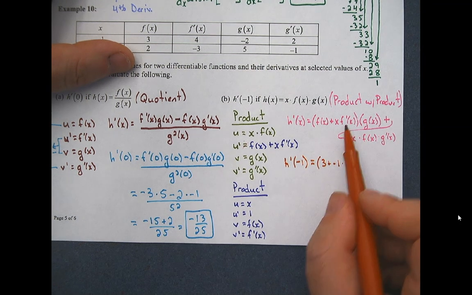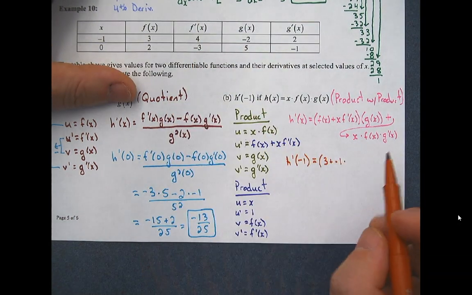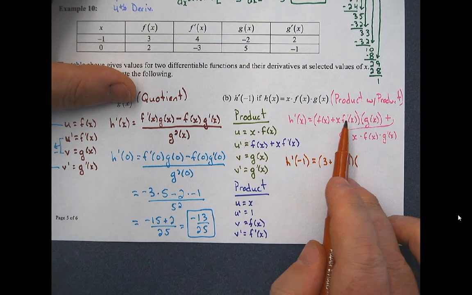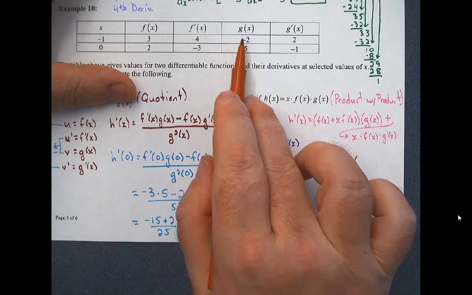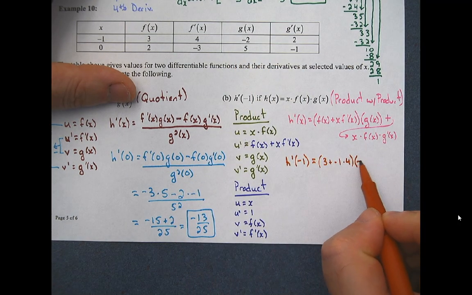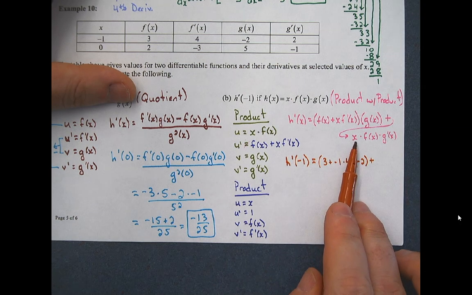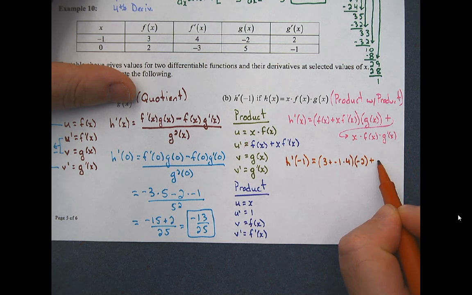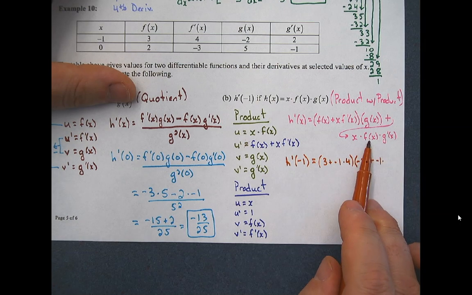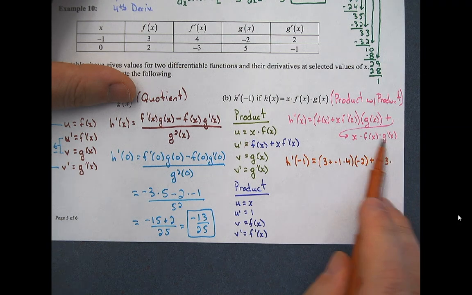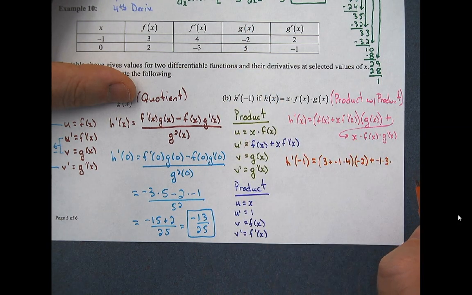F prime at -1 is 4, times g at -1, which is -2, plus, oh boy, can I squeeze it all together? X, which is -1, times f at -1, which is 3, and then g prime at -1, which is -2.